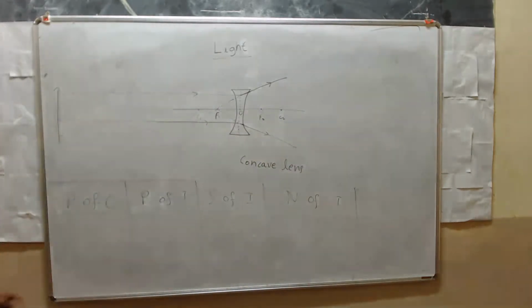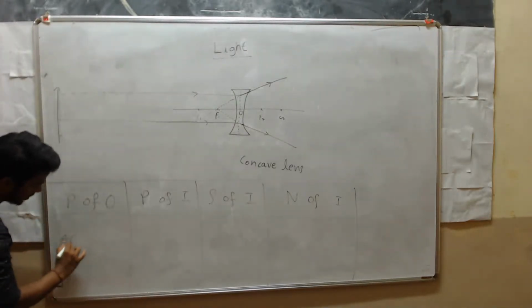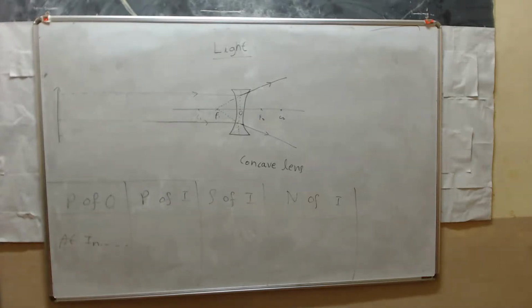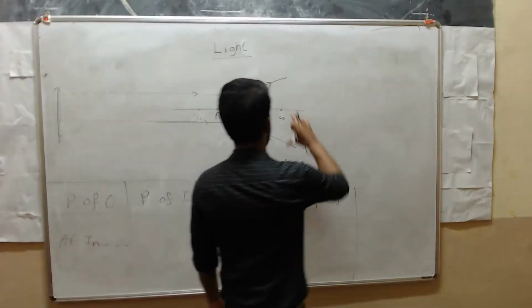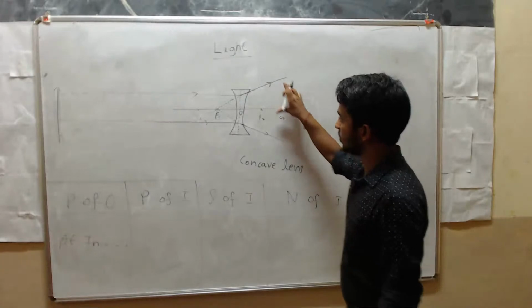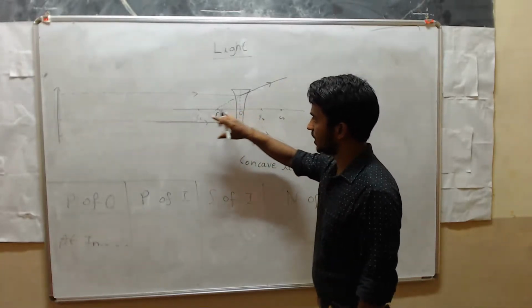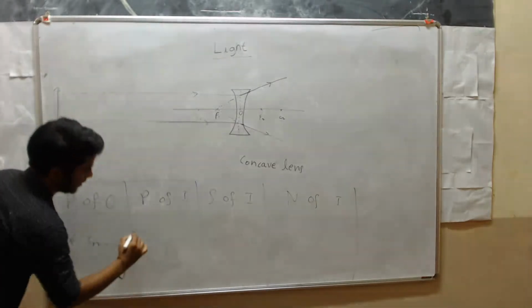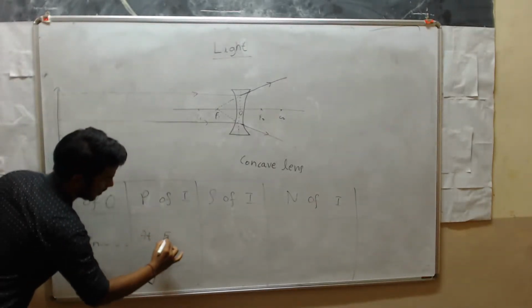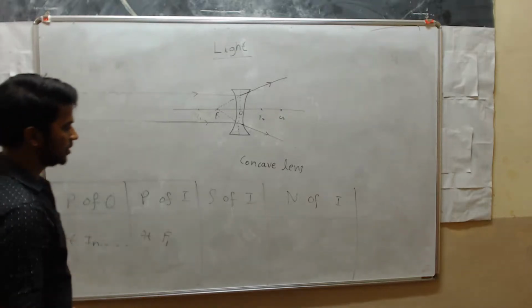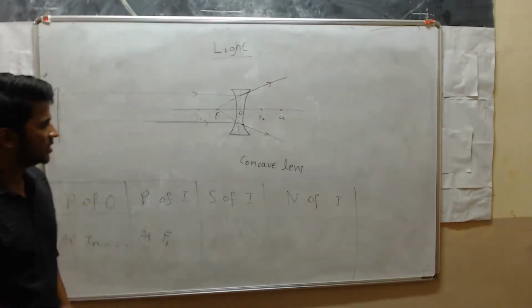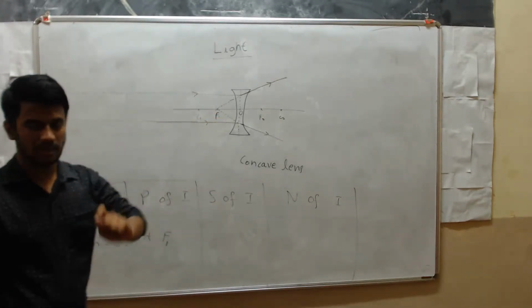First, position of the object: at infinity. Then position of the image. See here, these two rays are not meeting, but they are virtually meeting at F1. The position of the image is at F1. Then what is the size of the image? You can see it is a very small dot, right?